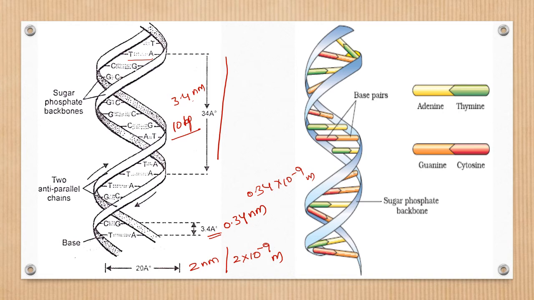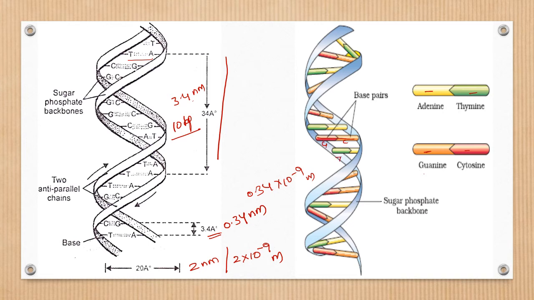Now in this colored portion, the yellow portion is adenine, the green portion is thymine, the orange is guanine, and the red is cytosine. This base pair represents GC.